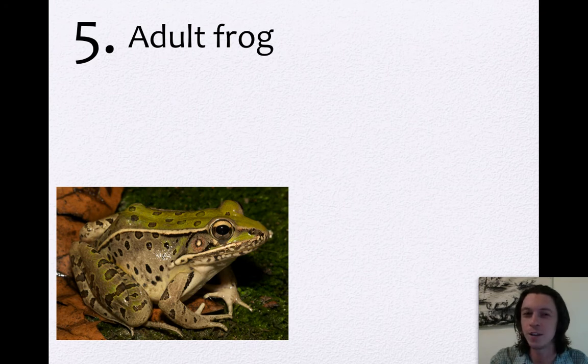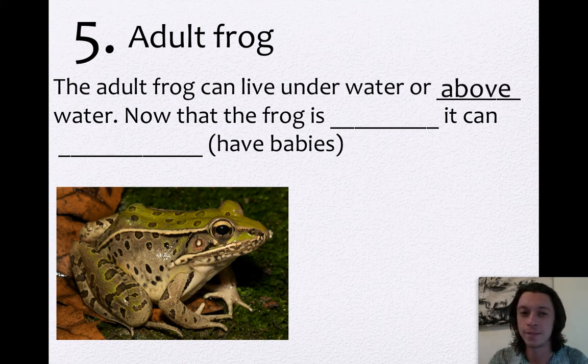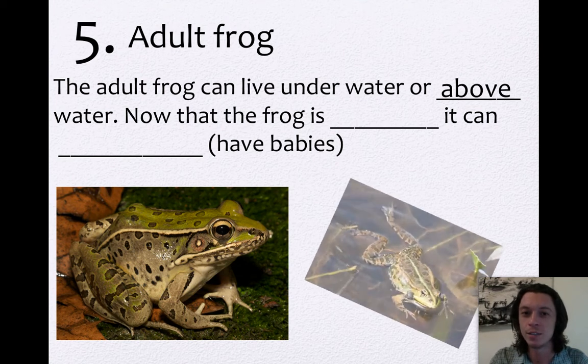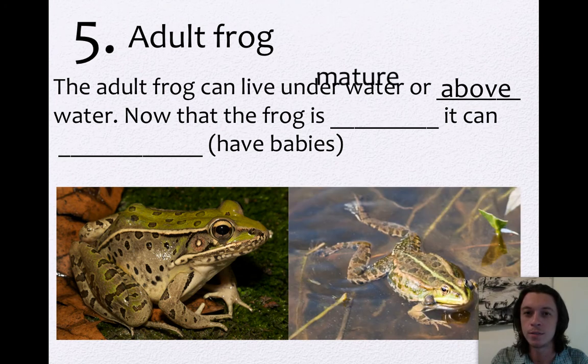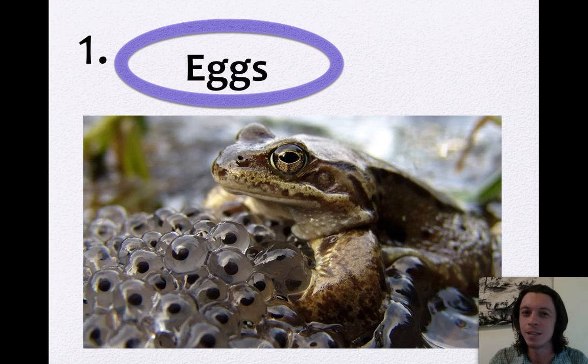The adult frog can live underwater or above water. Now that the frog is mature, it can reproduce, have babies. And then we're back to eggs.